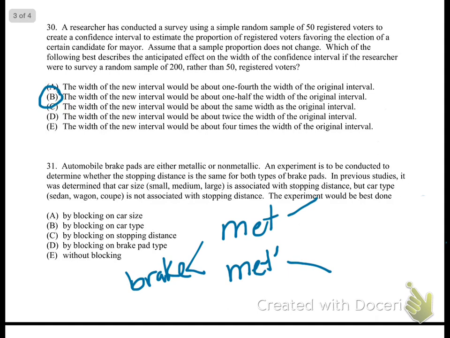I think that working out for males is different than working out for females. So if I wanted to see if the weight loss program would work, I would want to separate the males from the females, because there's a difference here. They say that car size has something to do with it, but car type does not. So size, so the answer is A. Hopefully you thought that was easy.